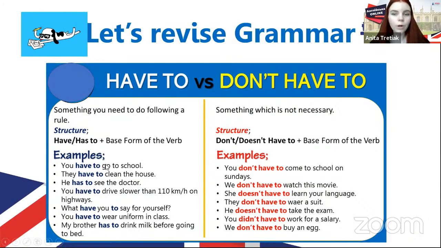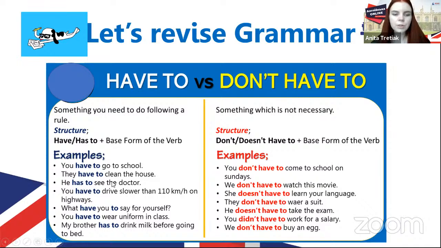The word go doesn't change its form. You don't need any endings. You have the word to, but it goes along with the word have or has, and you don't need to make another word after to. So that's it. Let's have a look at other examples here.